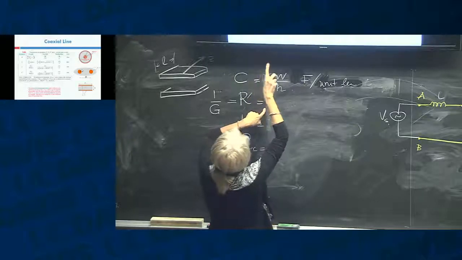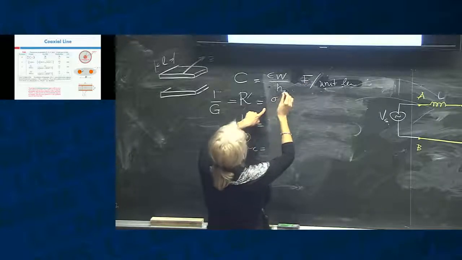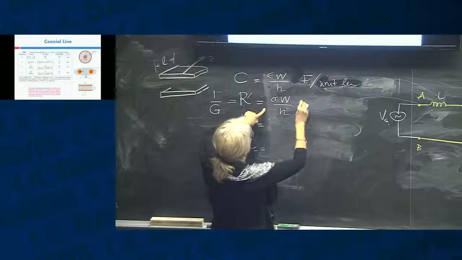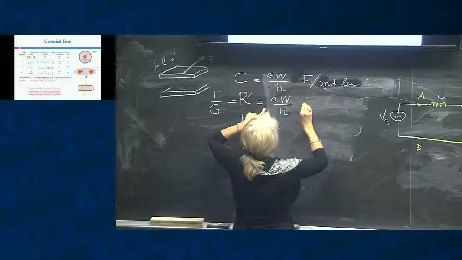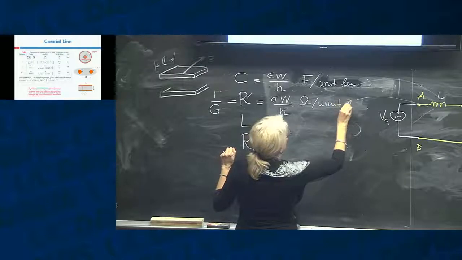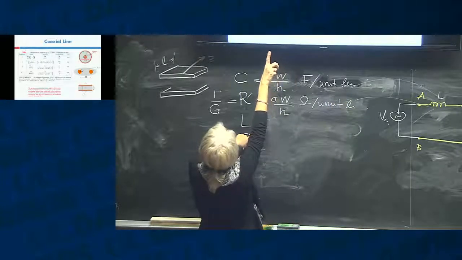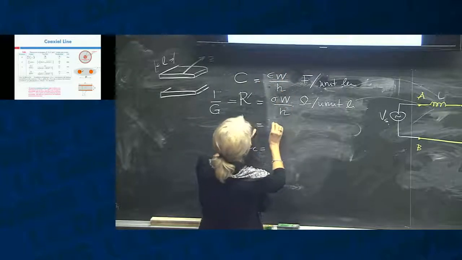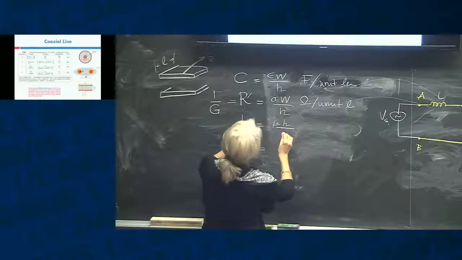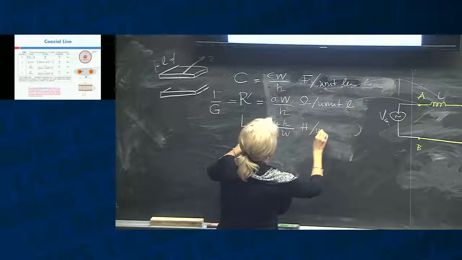What did we find about the resistance? Was this with the sigma there? Sigma W over H, and it's in ohms per unit length. L, it was mu H over W, and that is in henries per unit length.